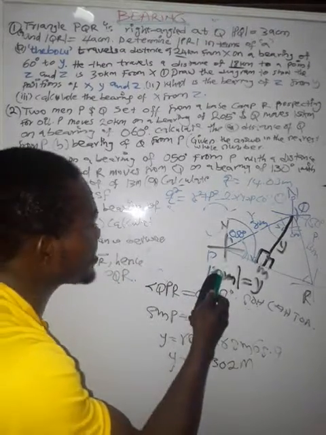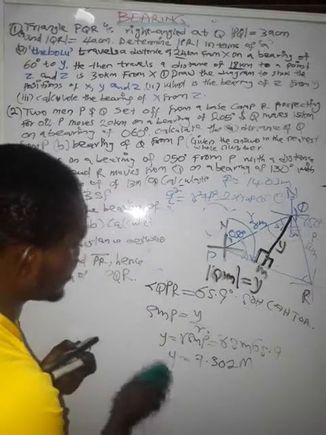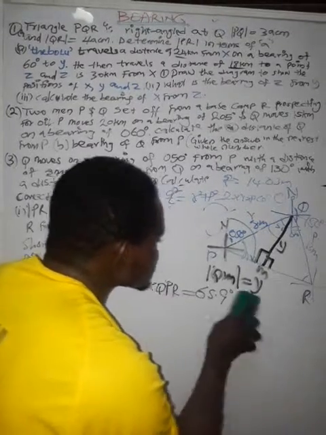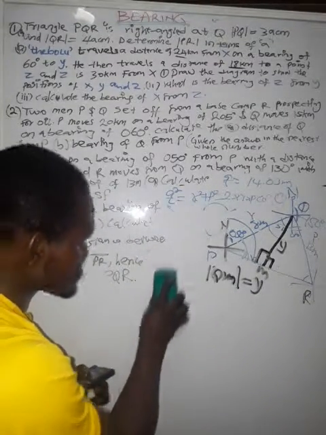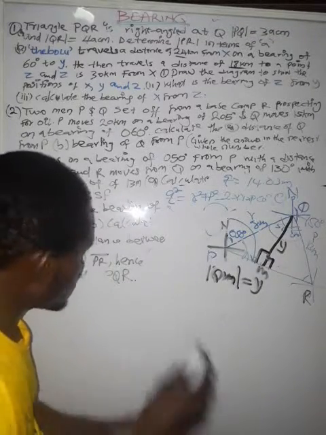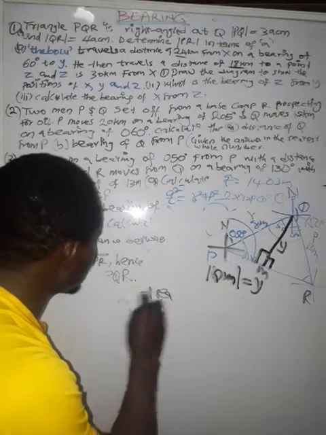We have to find the area of PQR. To find the area, don't forget the area of PQR will be equal to half.